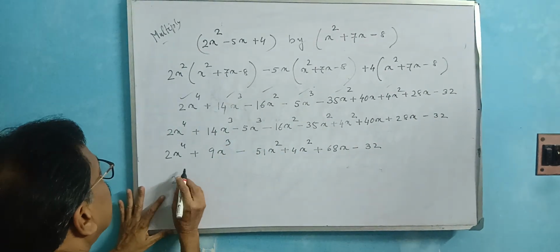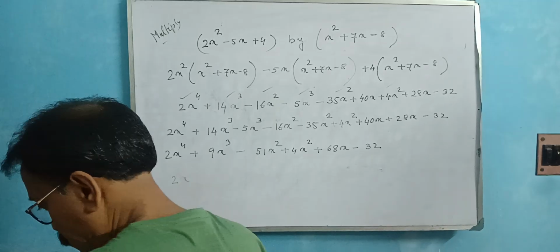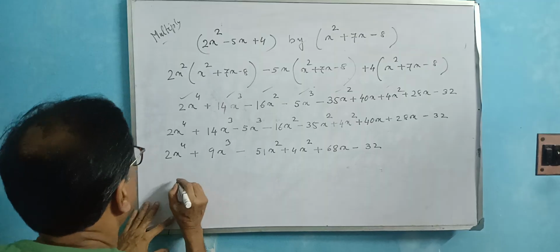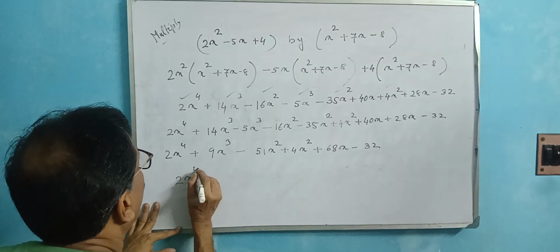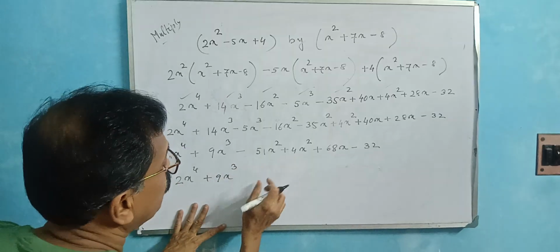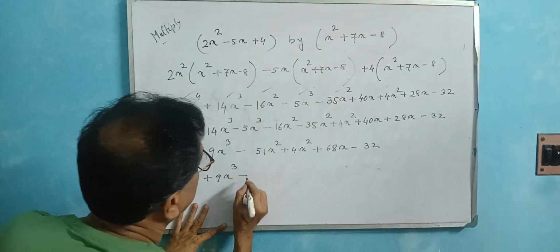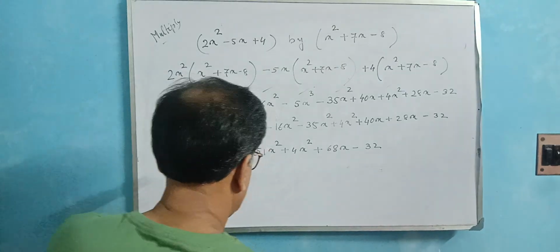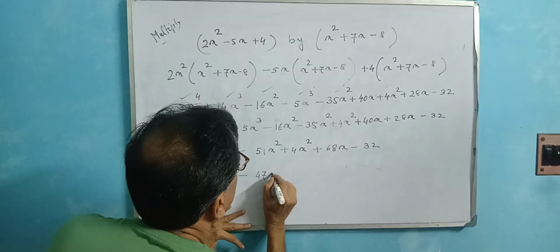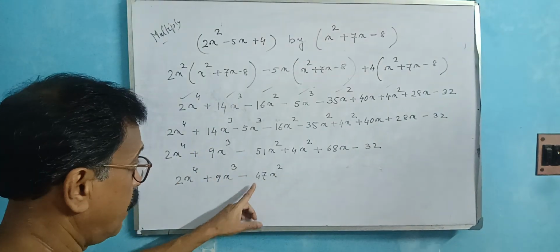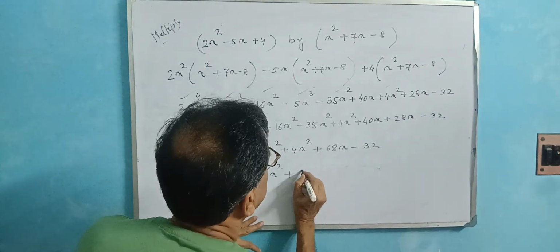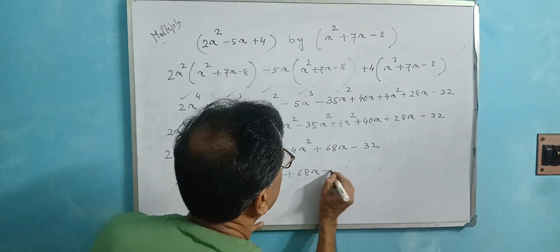So ultimately answer is 2x to the power, just change the pen, 2x to the power 4 plus 9x to the power cube. Here is now the opposite sign, it is greater, so minus sign. So 51 minus 4, that is 47 x square minus 7 4, and this is plus 68x minus 32.